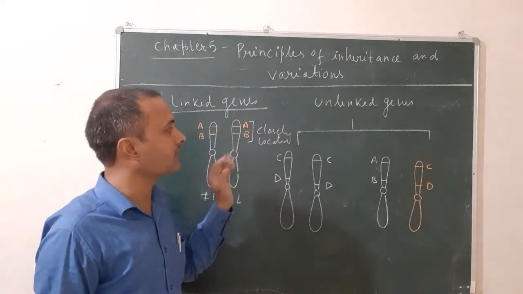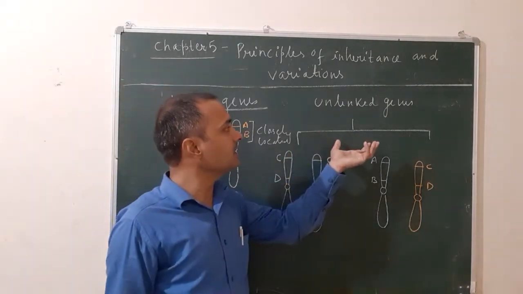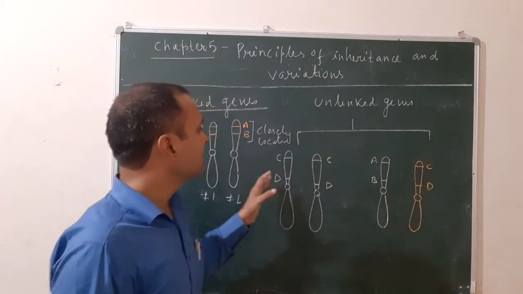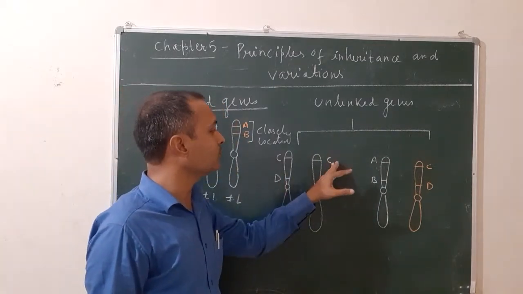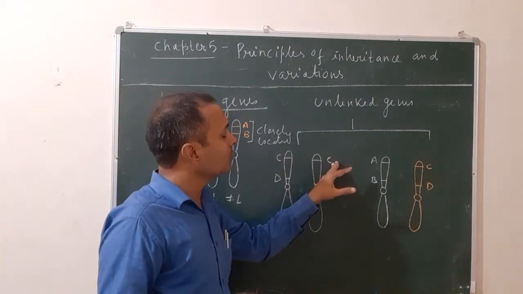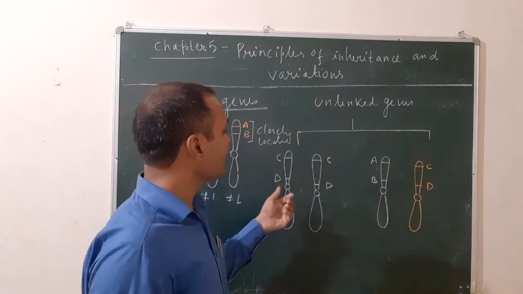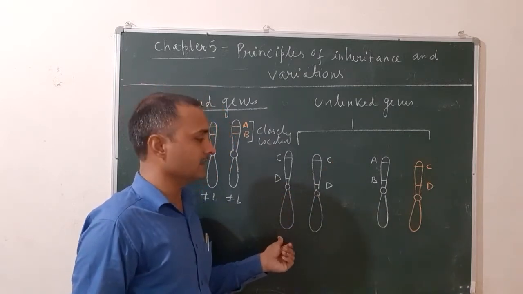I will explain linkage. What are unlinked genes? There are two definitions. First, the genes that are present on the same chromosome but located distantly from each other are known as unlinked genes.